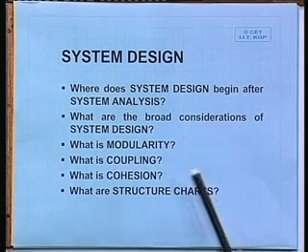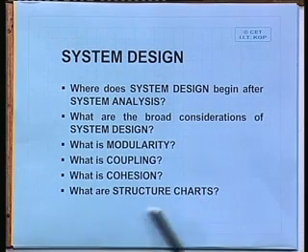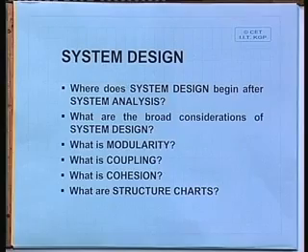Now, when we have different modules, there is a particular thing called a structure chart. The basic idea of a structure chart is that it connects the modules and shows the hierarchy of the modules. How are the modules connected to one another? So, again the concept of coupling and cohesion comes here.